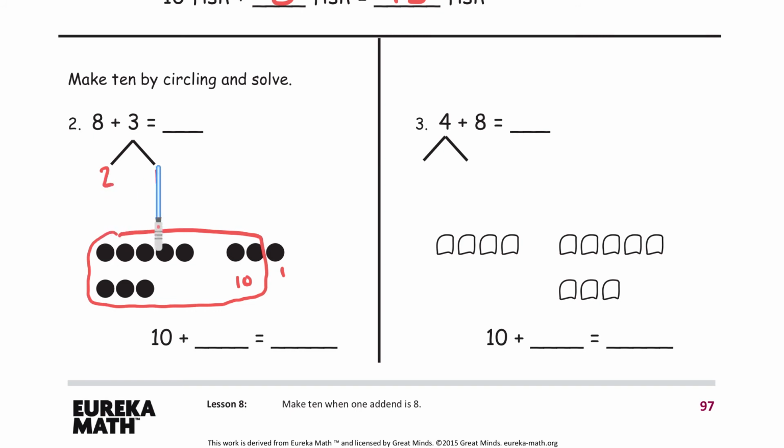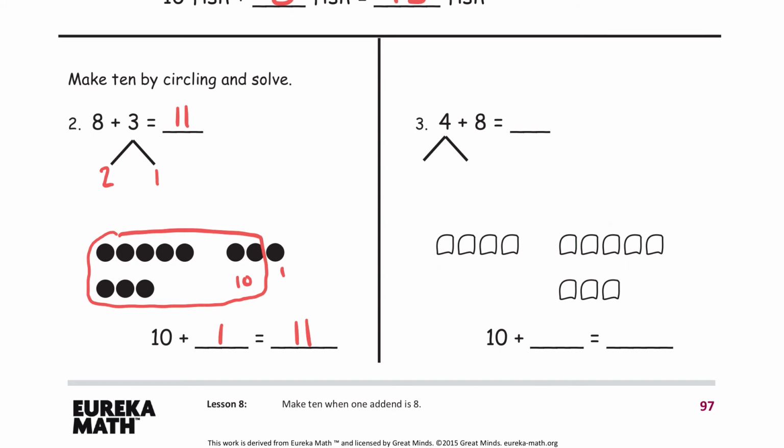Because 2 plus 1 equals 3. So now we have our group of 10. And our group of 1, that's that 1 that's left over, we'll add it in. And 10 plus 1 is 11. And we'll write 11 in up top here as well. Okay, you're going to do the same thing over here by yourself.